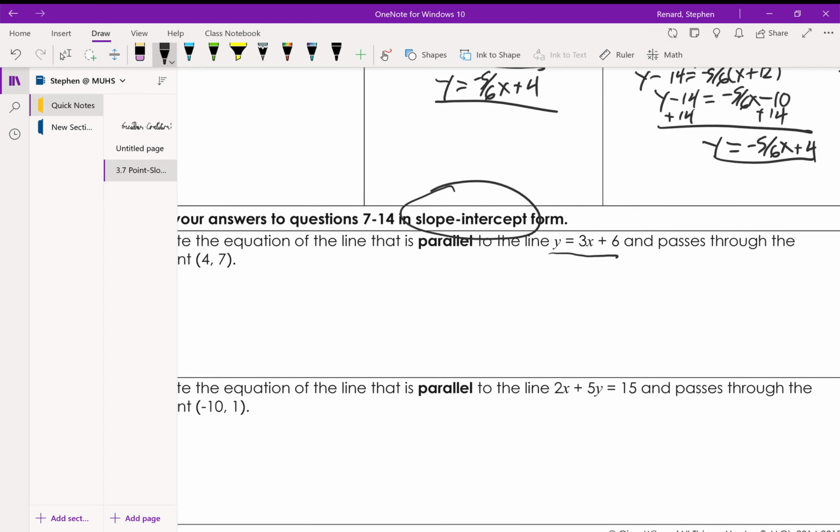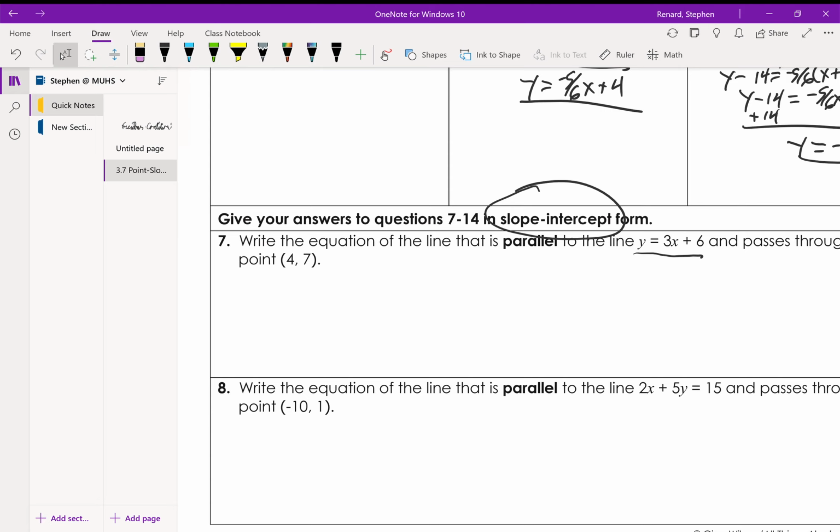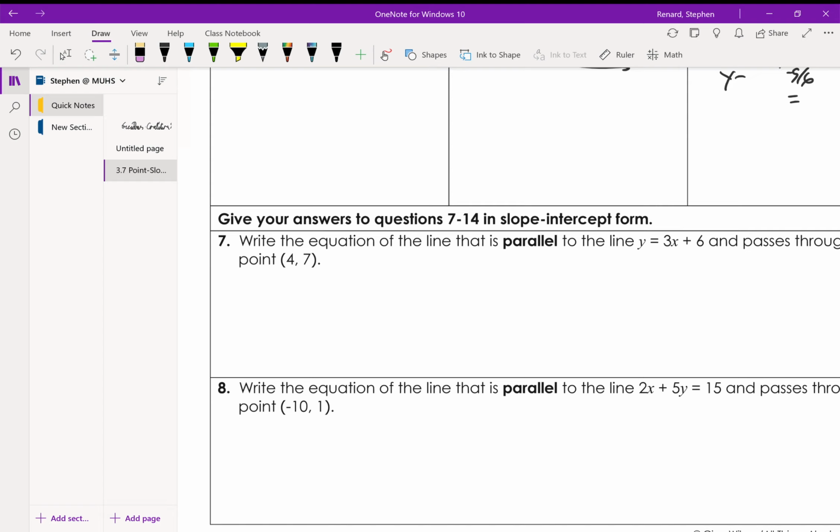If I needed to show what it looked like, here we have our graph. 3x plus 6 would have an intercept of 6, and 3 is a pretty steep slope. So it'd be like that. Then we have this point over here, 4, 7, which has the same slope, which is parallel.